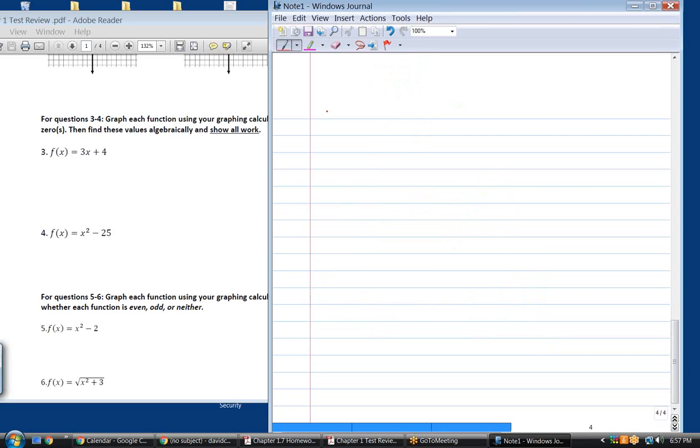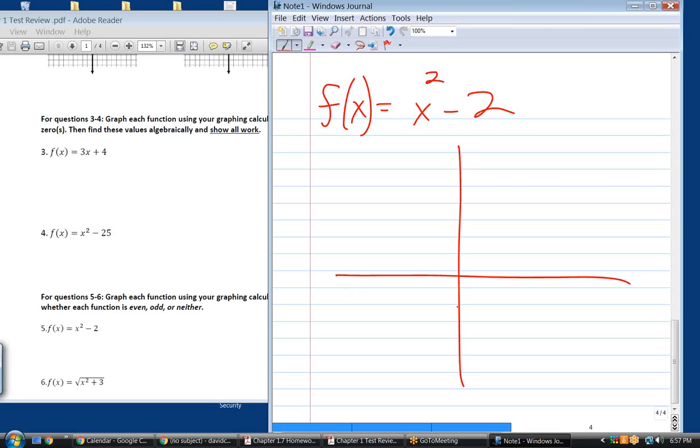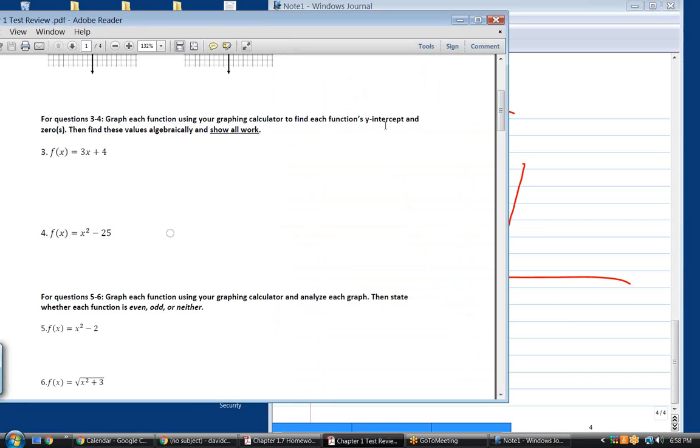If I'm graphing 5, using your calculator, I know it's this parent function shifted down by 2. So it's that kind of parabola. Yeah. Okay. And find the y-intercept.